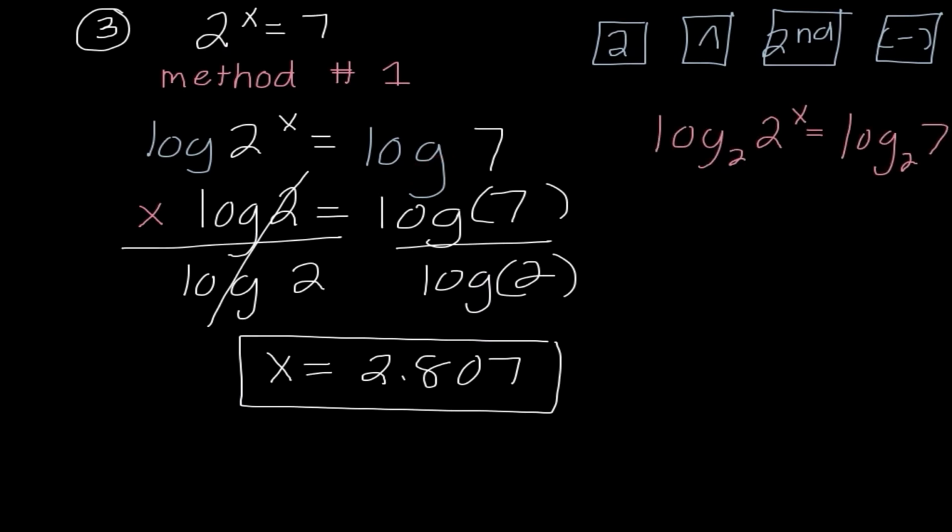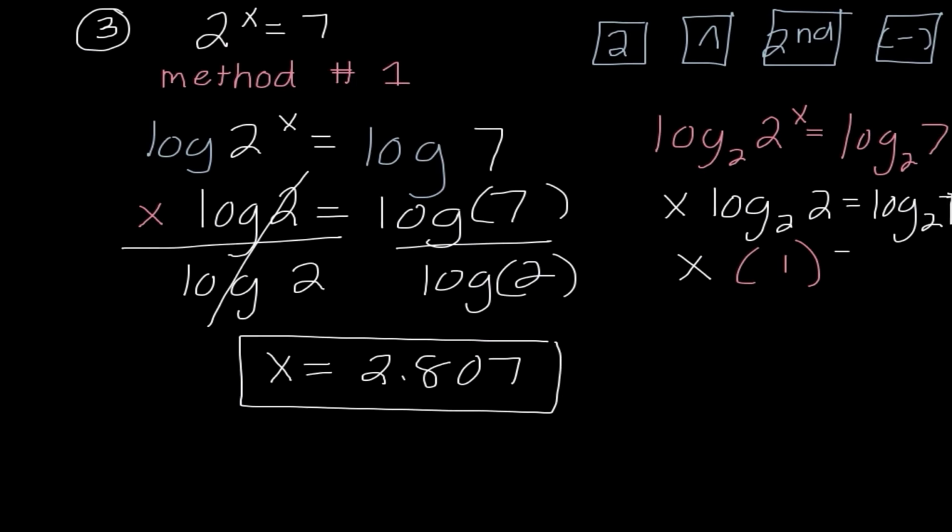So if I had log base 2 of 2, this could become x times log base 2 of 2 equals log base 2 of 7. My 7 you can barely see there. Okay, and we've learned previously that log base 2 of 2 is really equal to 1.